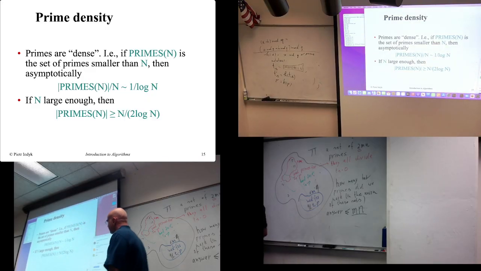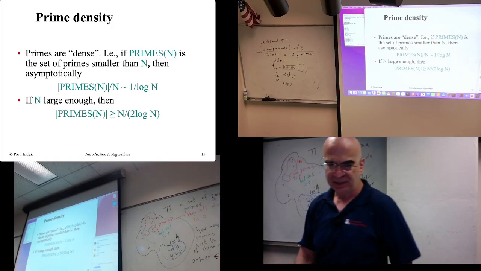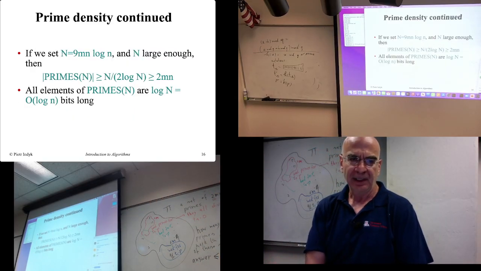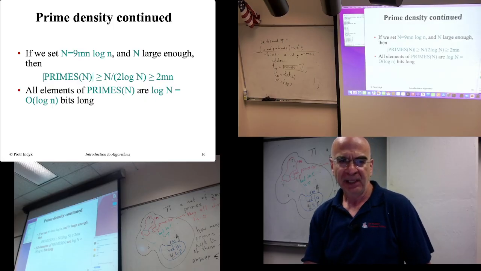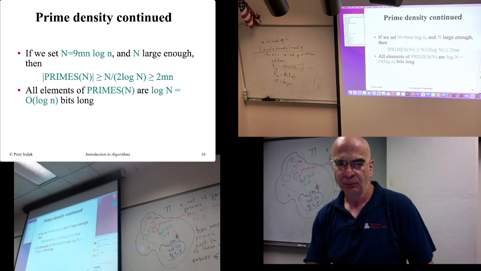Easy to prove that the density of the primes, so there is a lot of primes. And if I'll just pick n to be 9 times m, then the number of primes that I have between 1 to this number, it's large enough.